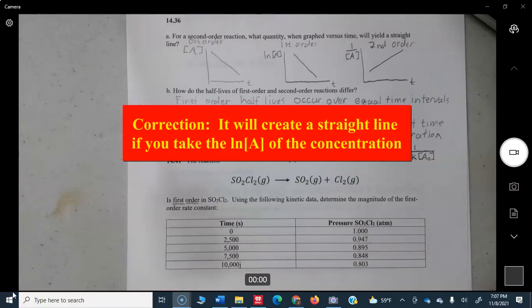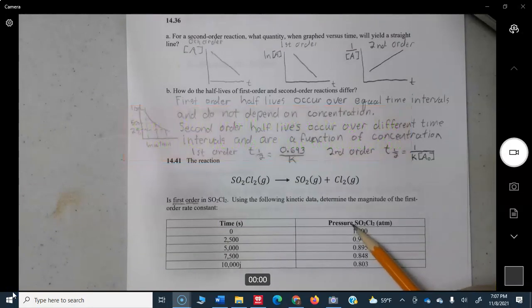Since this is first order, now we're dealing with pressure, but it's exactly the same as concentration, as the square brackets. We don't see pressure in the problems nearly as much, but it's treated exactly the same way. So if we take the natural log of these numbers, it should give us a straight line. And if we can then find the slope of that straight line, that will tell us the rate constant.